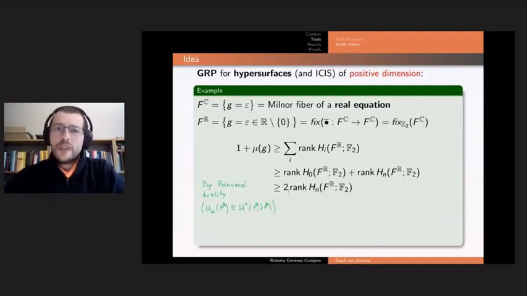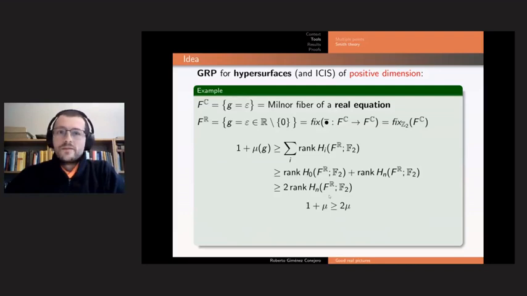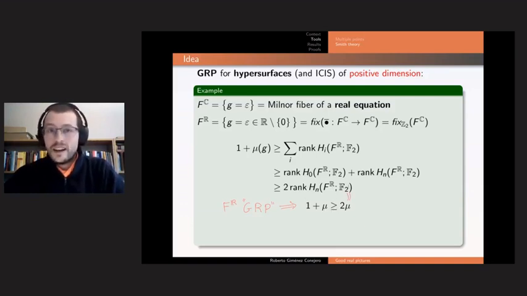So you're going to have 2 times the rank of Hn, the nth Betti number. In this case, if you know that the nth Betti numbers of the real and of the complex are equal, this chain of inequalities gives you this inequality: 1 plus the Milnor number is bigger or equal than 2 times the Milnor number, because if they are equal, they have to be the Milnor number.